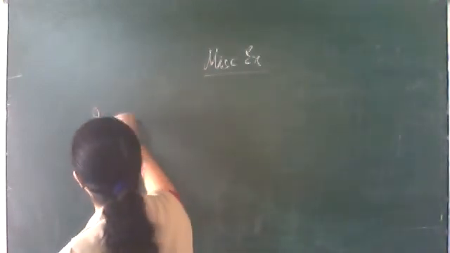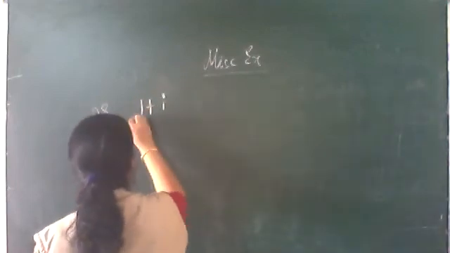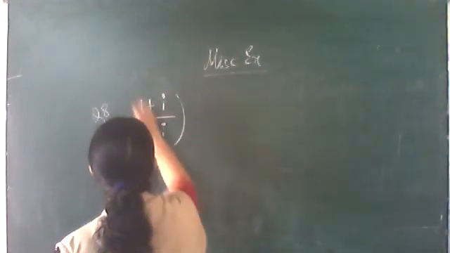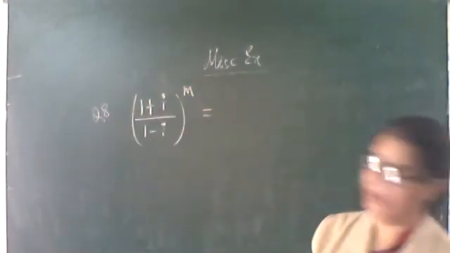Clear? The next is (1 plus iota upon 1 minus iota) to the power of m is equal to 1.